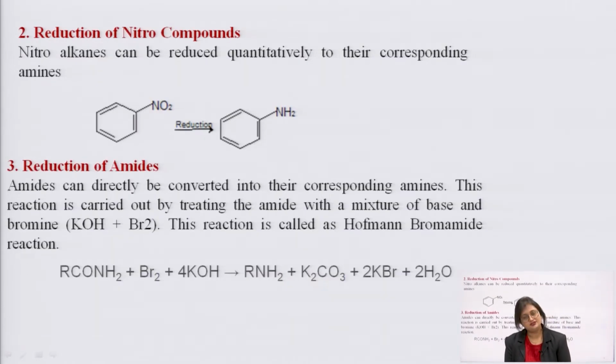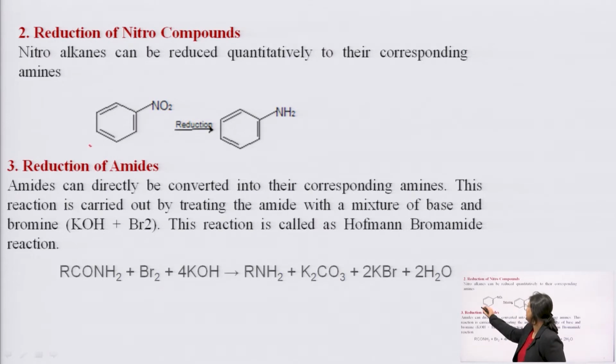So, the second reaction is through reduction of nitro compounds. Primary amines can also be produced by reduction of nitro compounds. Nitroalkanes can be reduced quantitatively to their corresponding amines.